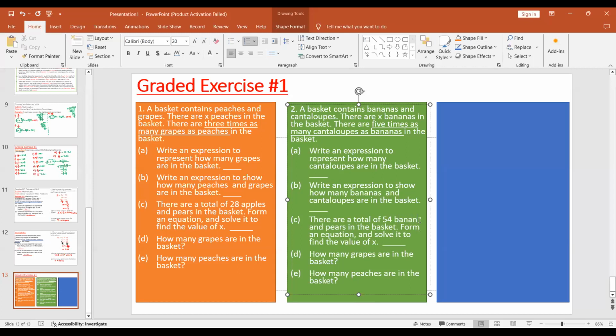Bananas and cantaloupes in the basket. And the last two questions are going to be how many cantaloupes are in the basket, and then this one, how many bananas are in the basket.